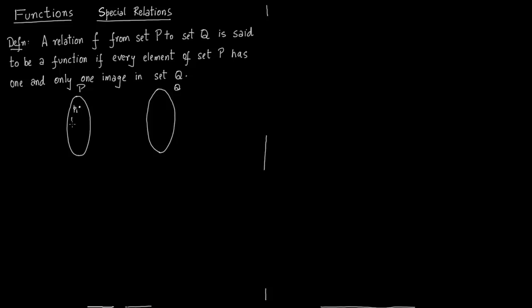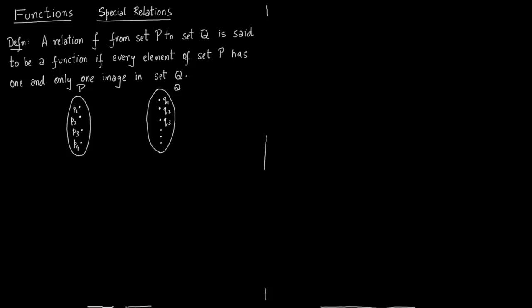So let me enumerate the elements of set P. Say set P consists of P1, P2, P3, P4. Yeah, 4 elements. Okay, let us draw the elements of set Q. So we have Q1, Q2, Q3 and a bunch of more elements.